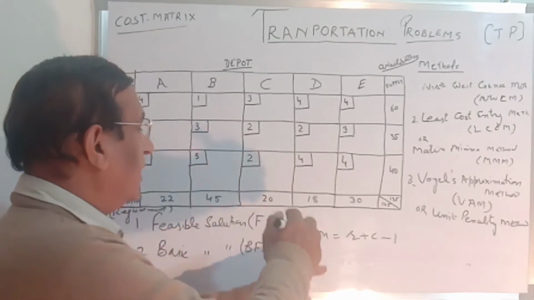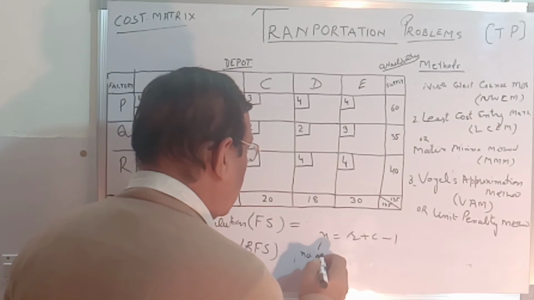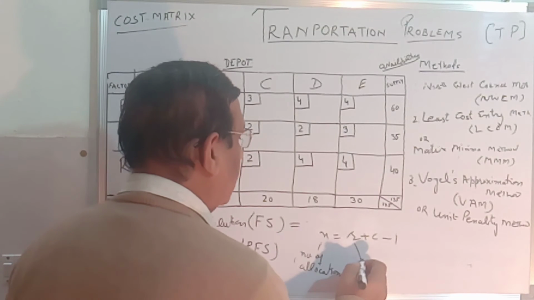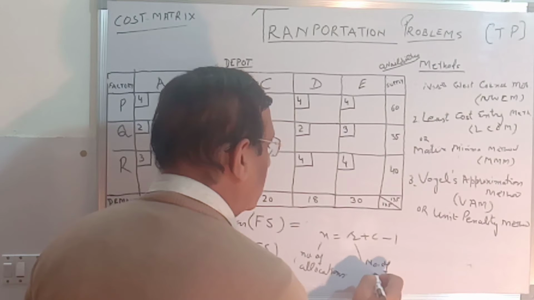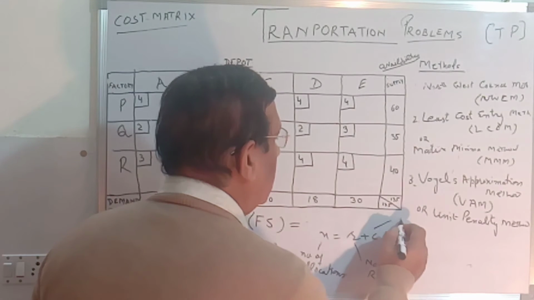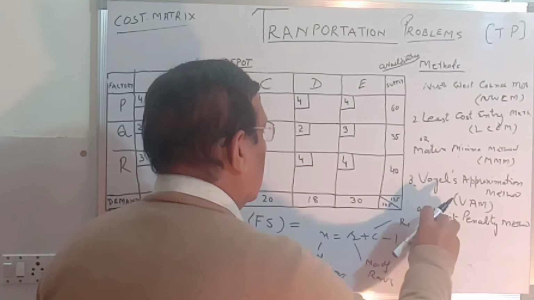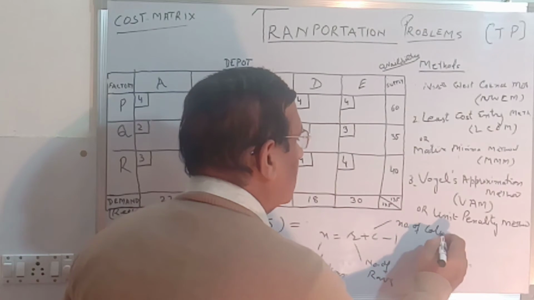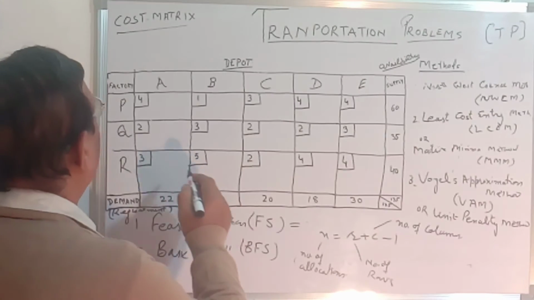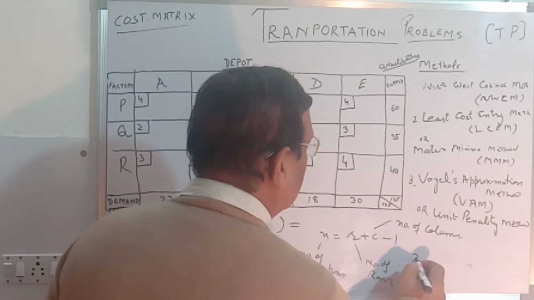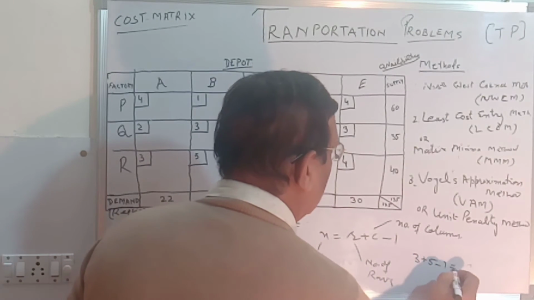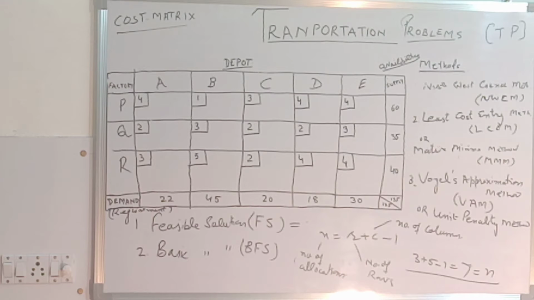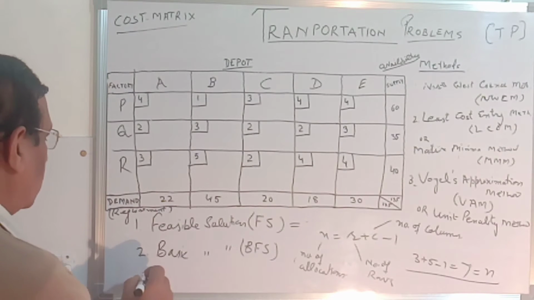Here n is the number of allocations or assignments, r is the number of rows, and c is the number of columns. Say there are 3 rows and 5 columns. 3 plus 5 minus 1 means 7 should be n. n should be the number of allocations. So this is the basic feasible solution.